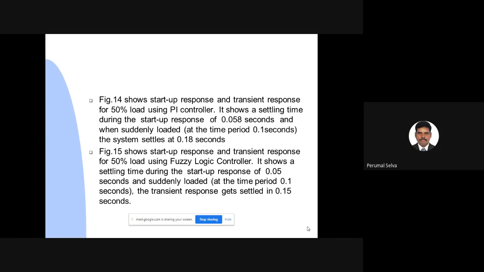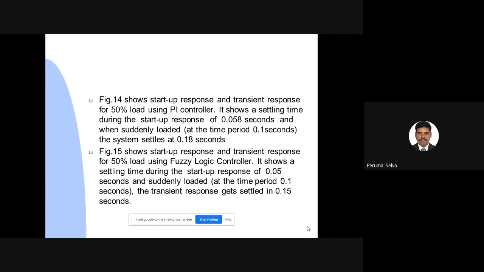Then at 0.1 millisecond we give the disturbance, and the transient response gets settled in 0.15 millisecond.